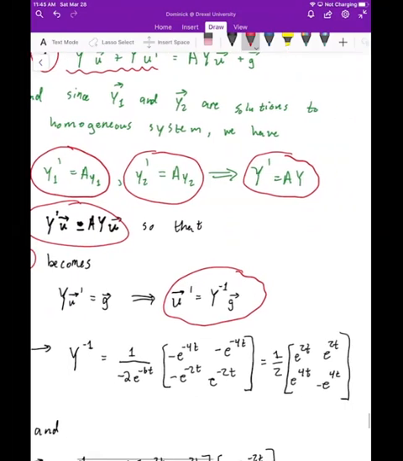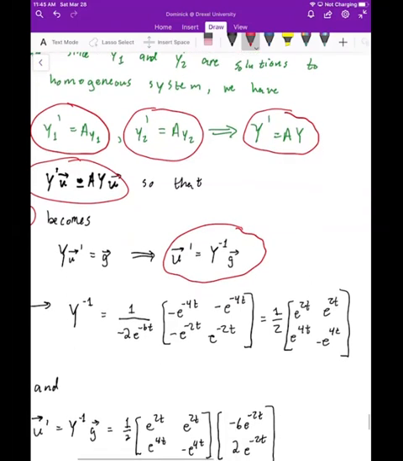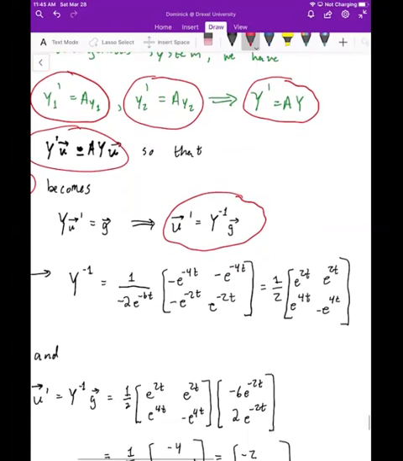Now y inverse, you can find using similar methods as we did in the linear algebra section. Or if you're not sure, you can go back and look, or you can find on the internet how to find the inverse of a 2x2 matrix, and you're going to eventually get that your y inverse is 1/2 times e to the 2t, e to the 2t, and then e to the 4t, negative e to the 4t.